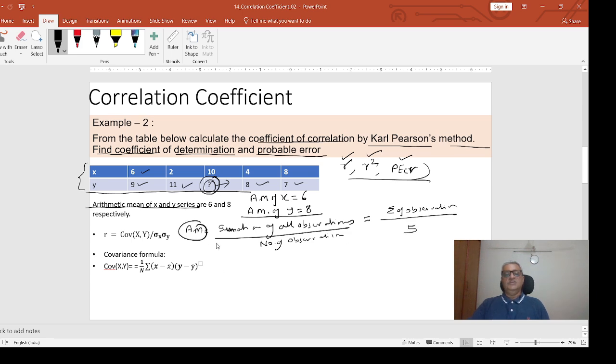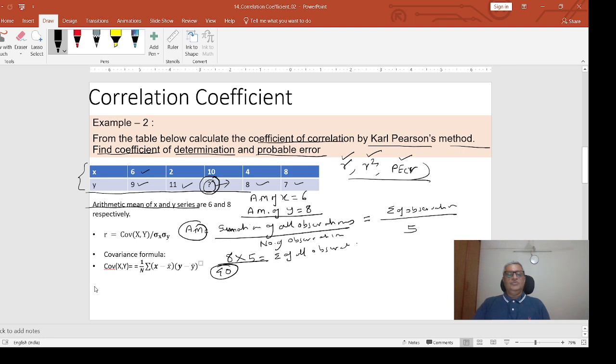And the arithmetic mean given for y is 8. So we can calculate that the summation of all observations is 8 multiplied by 5, so the total is 40.